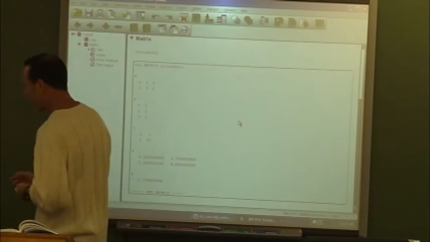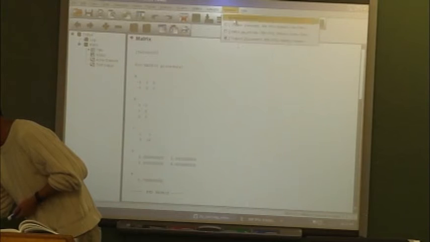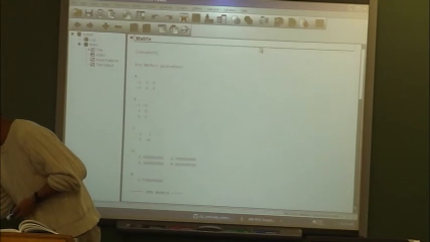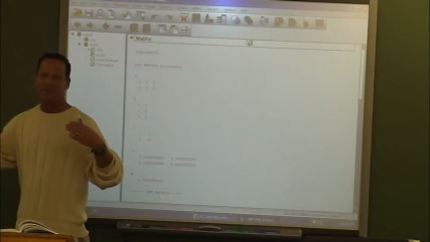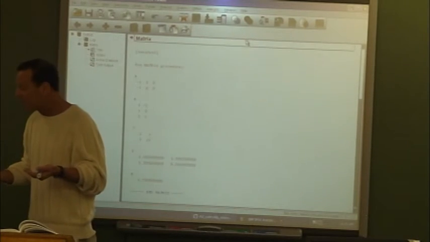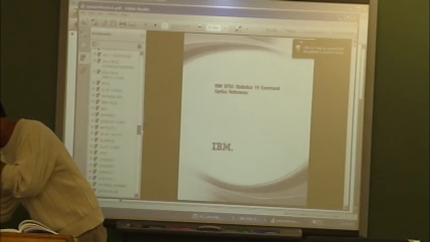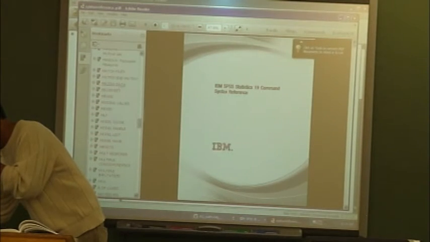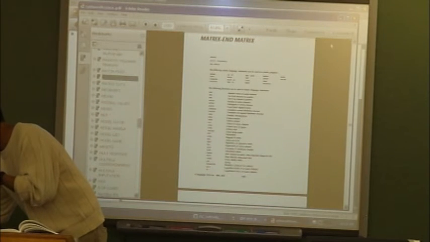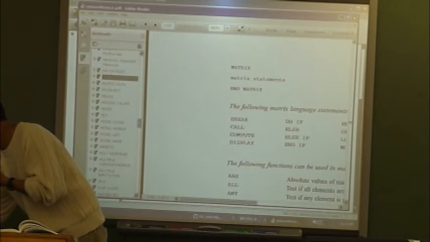I myself don't use it, but if you say, wow, that is really interesting, I think I would like to learn more about this, then let me show you where you can go to learn it if you want to. A lot of times, when you run these procedures, they're going to spit out and do all that stuff for you. But if you're very interested to see how you can program it, you go to the syntax reference, go into matrix, and there's all that good stuff, everybody.